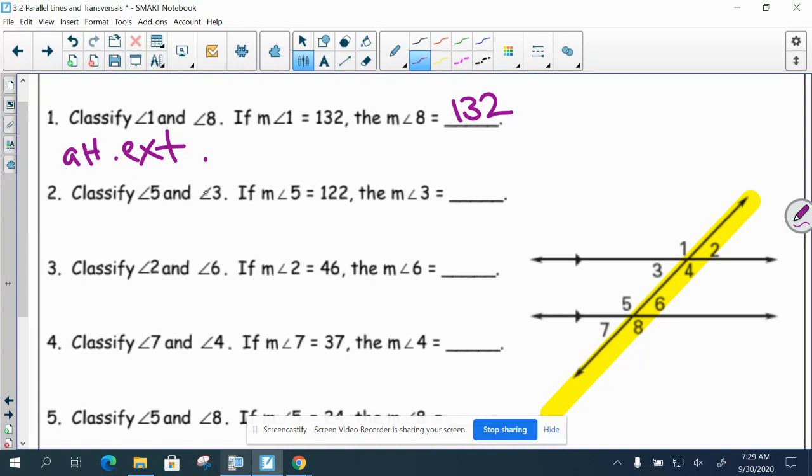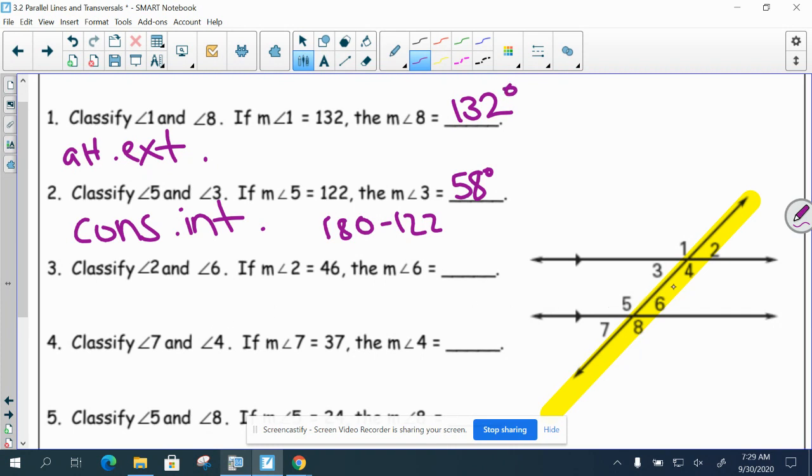Classify angles 5 and 3. So 5 and 3 would be consecutive because they're on the same side of the transversal and on the interior. So they're consecutive interior angles. Therefore, they are supplementary. So if the measure of angle 5 is 122, 180 minus 122 gives us 58.